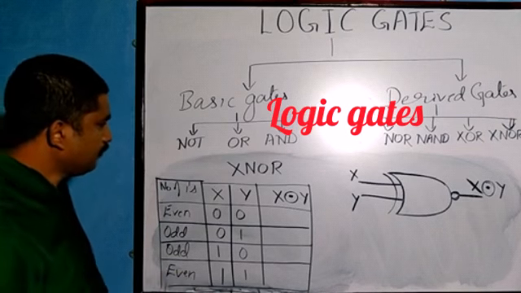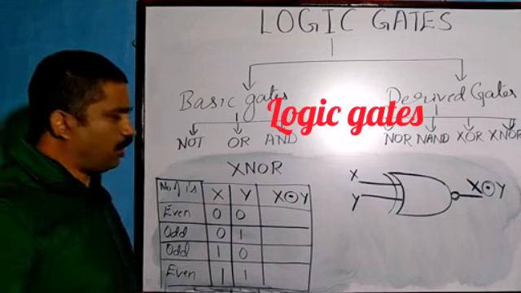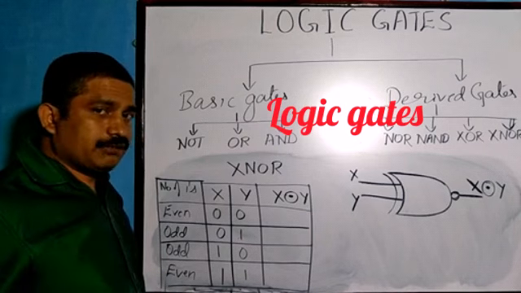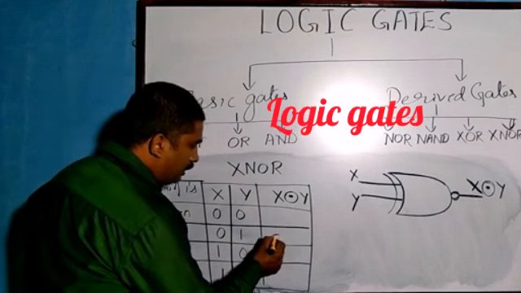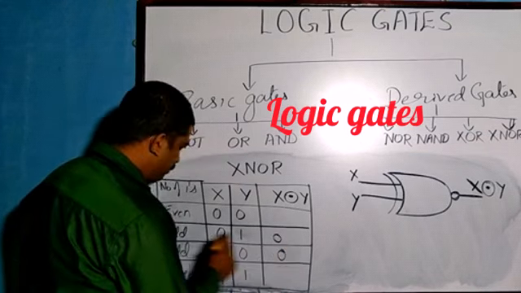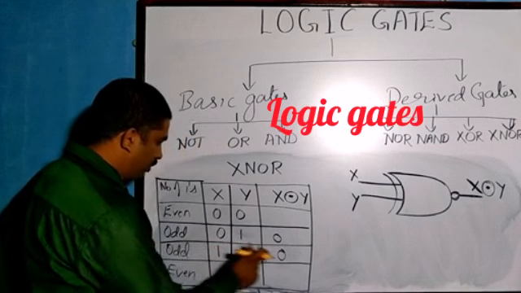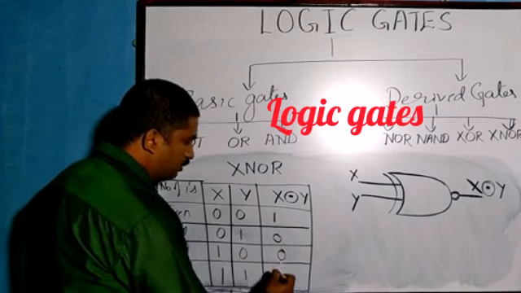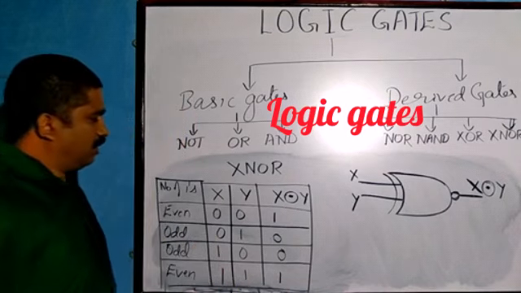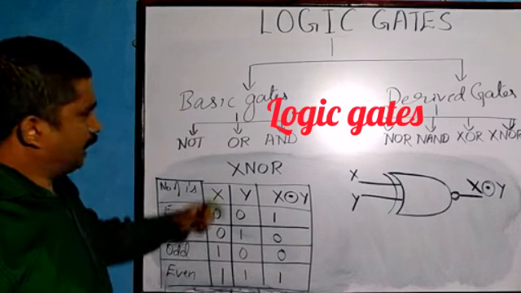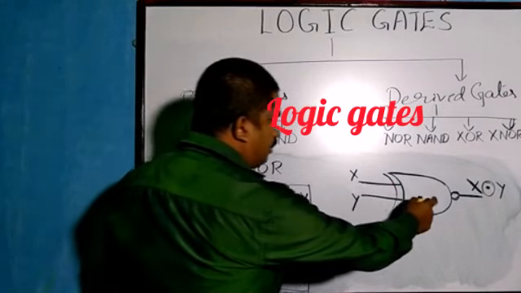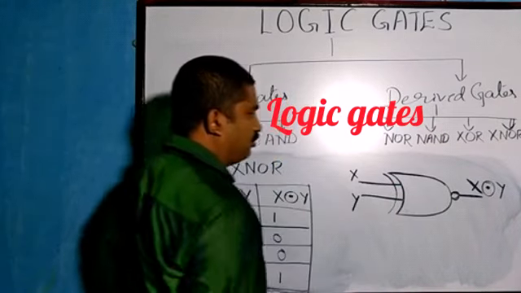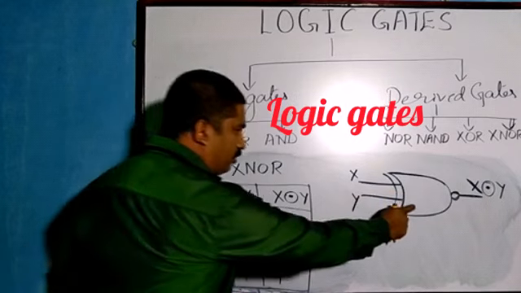Okay. Now in the case of the XOR gate, when odd is there, we placed 1. Here, when odd is there, you have to place 0: odd 0, odd 0, even 1. So this is the output for the XNOR gate. Okay. So see once again, what is this? The circuit symbol for the XNOR gate.